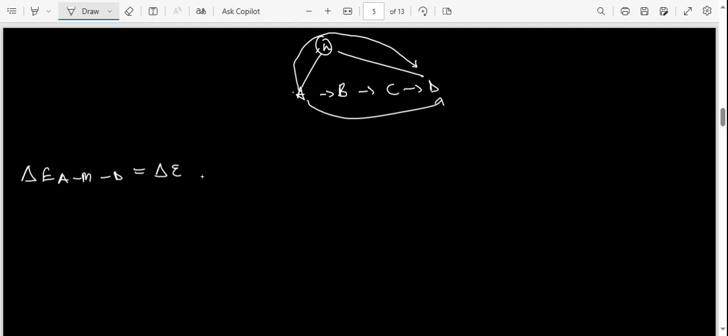There will be change between there, and also there will be change between M and D. So here I'll say this is A M, plus the change again in internal energy of M and D, like that.